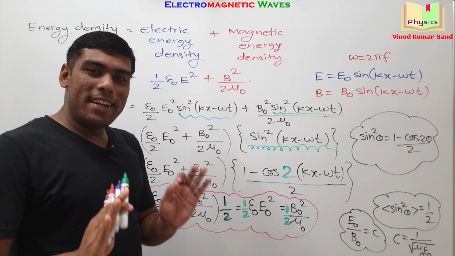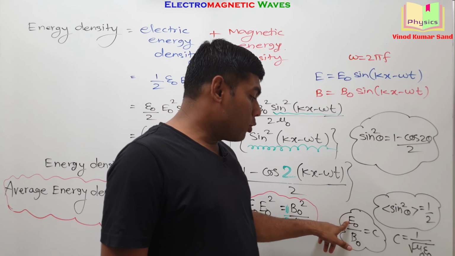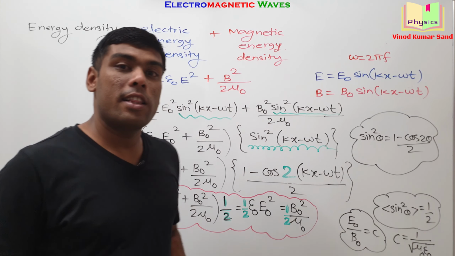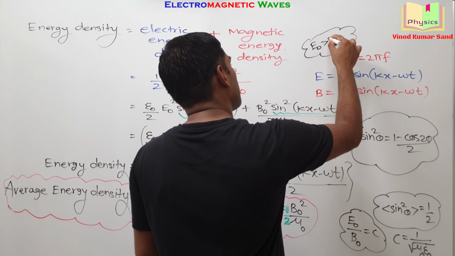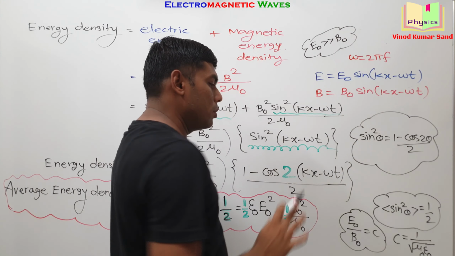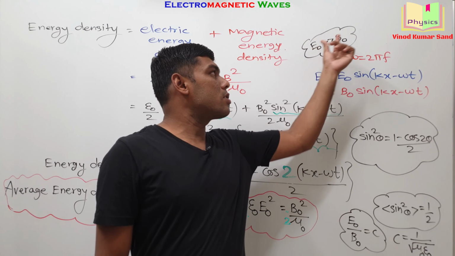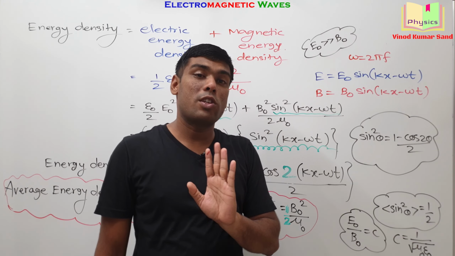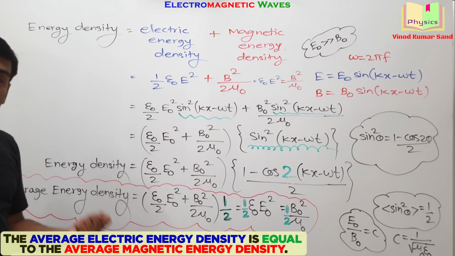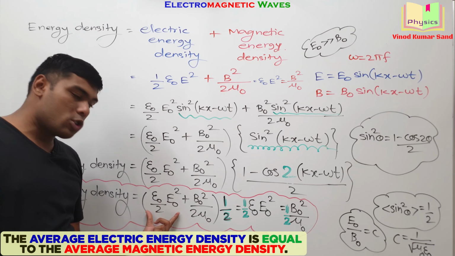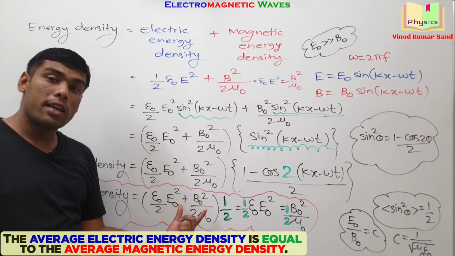Here is another interesting insight. If we look at this formula, the amplitude of the electric field is much greater than the amplitude of the magnetic field. What I mean to say, E naught is much greater as compared to B naught. Okay. So few people think that the electric energy density will be more as compared to the magnetic energy density, but that's a misconception. The truth is, the average value of the electric energy density and the average value of the magnetic energy density will be equal.